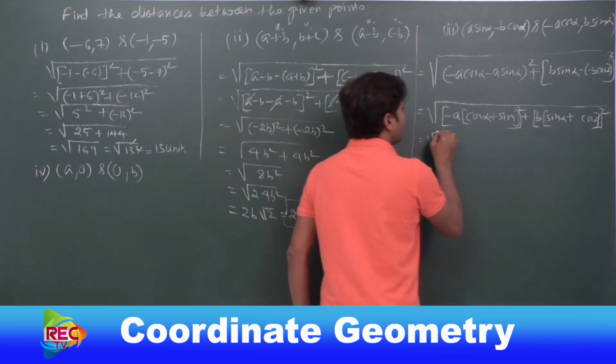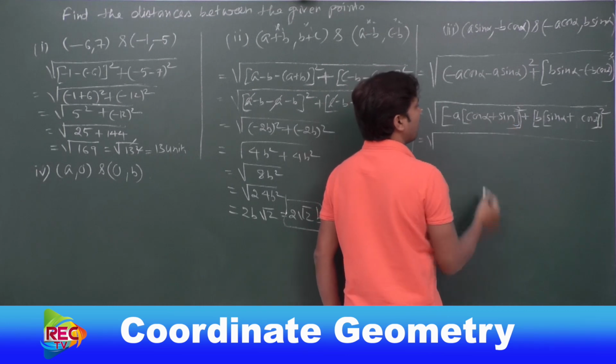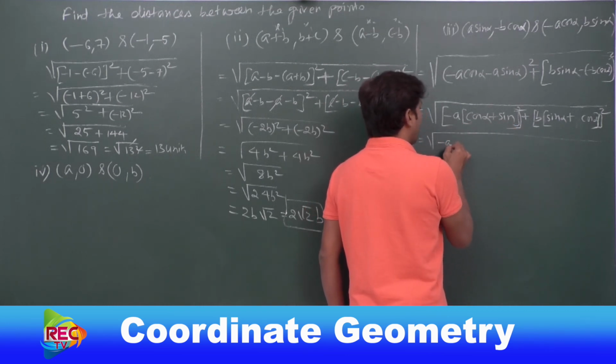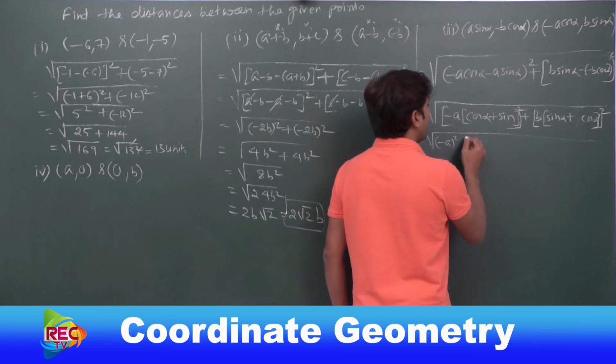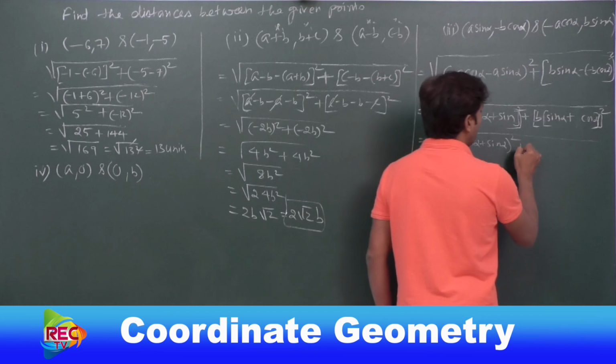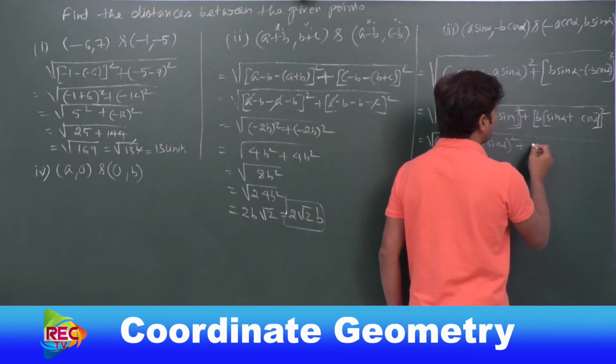Now we can separately apply the square for minus a and sin alpha plus cos alpha, right? Minus a whole square, and sin alpha plus cos alpha whole square we can put. Here also we can separate the square for b and cos alpha plus sin alpha.